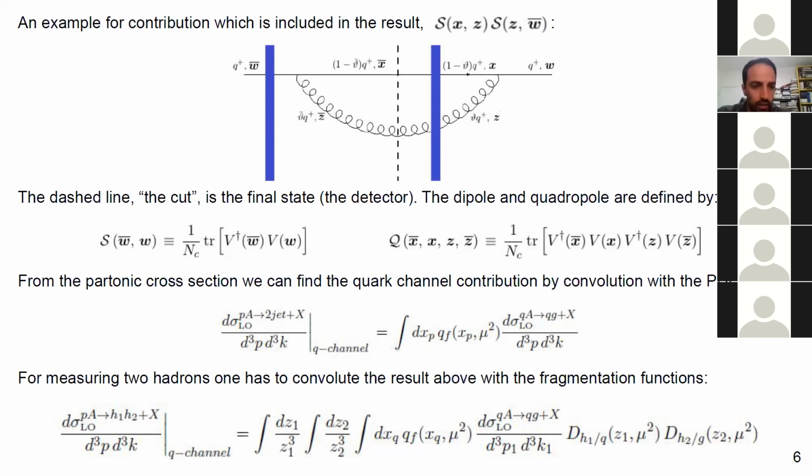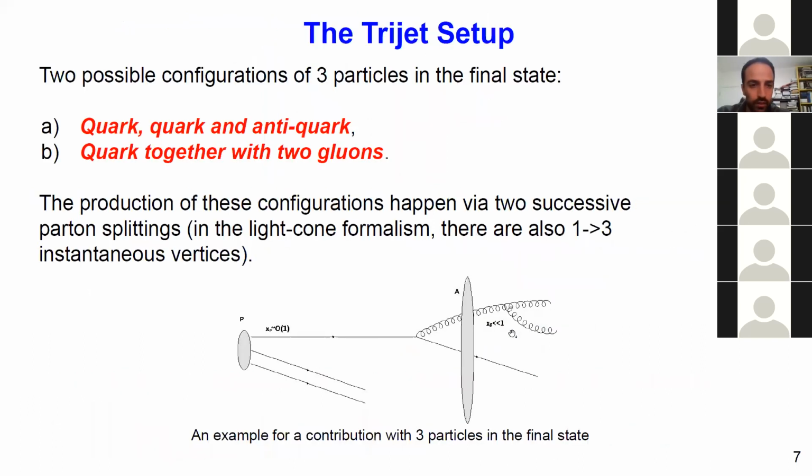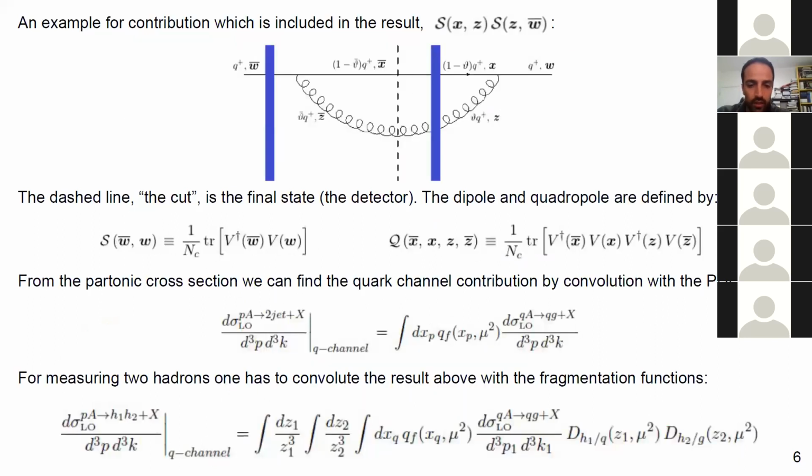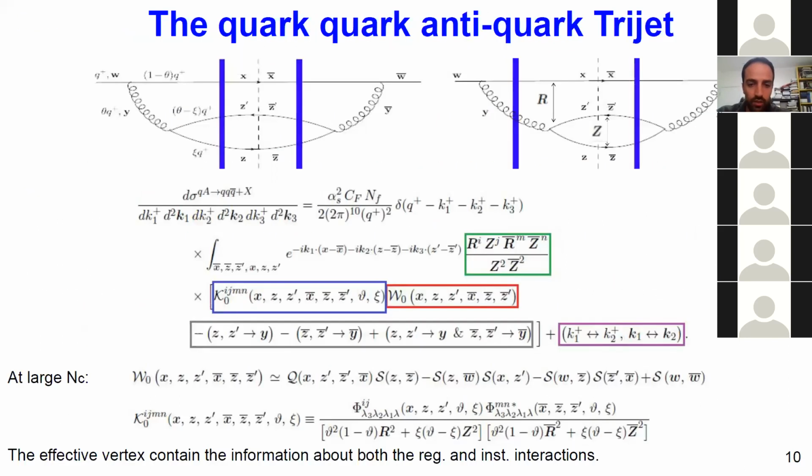Okay, yeah, I understand what you're saying. There is an expectation value that you have to indeed compute for these dipole and quadrupole, but this is something that is not dependent on the result.